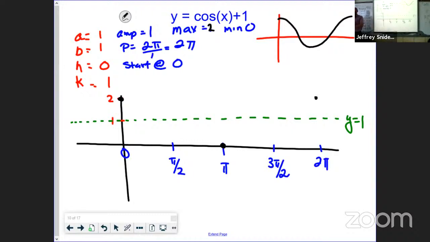What's going to happen between the maxes and the mins? It's going to cross over the midline. So it's going to cross over the midline at pi over 2, and it's going to cross over the midline at 3 pi over 2. So that means now that this graph would go, and I have it. There's a cycle of the cosine curve.